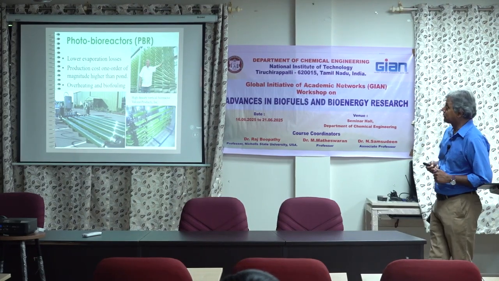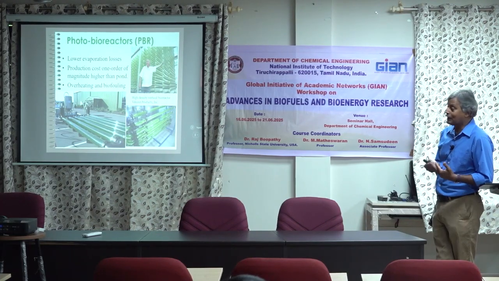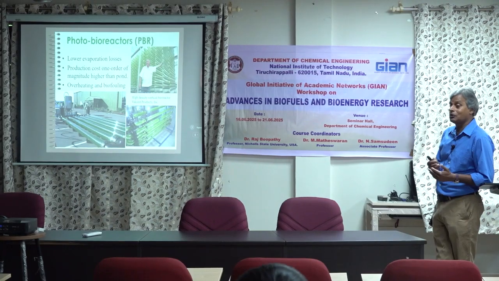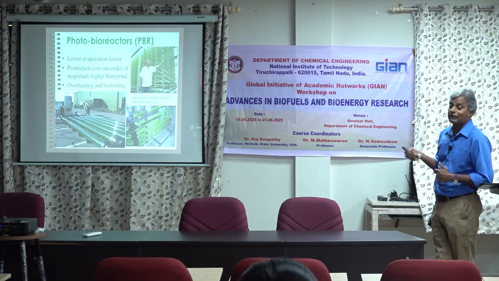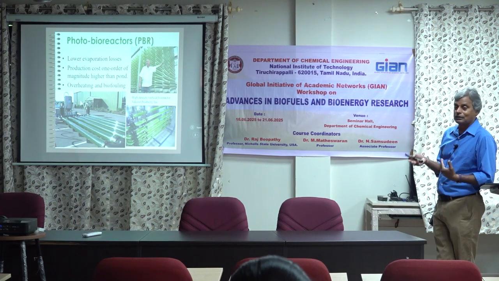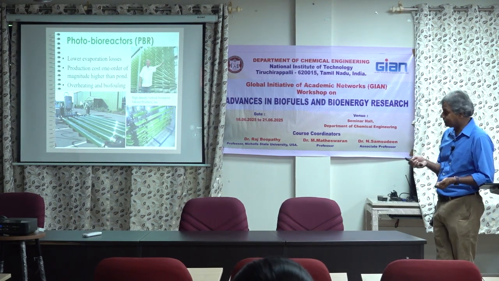Production cost is high because you need to buy this system. It's one order of magnitude higher than your pond system or raceway system. Overheating and biofouling could happen in a closed system like this. So there are advantages and disadvantages, and you need to choose the right system for what kind of algae you want to grow.